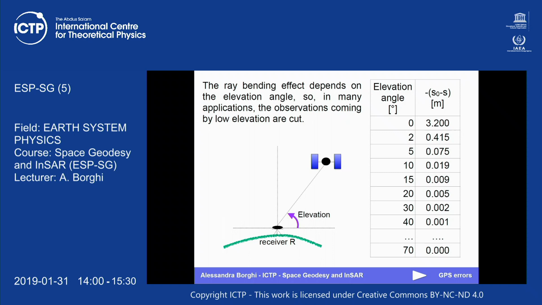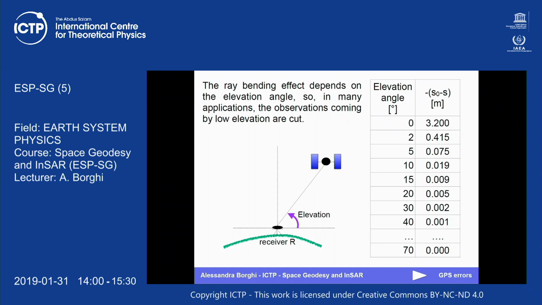low elevation angle. Okay, you can see that when the elevation angle is small, when the satellite is low, we have a bigger effect, because the path along the atmosphere is bigger.